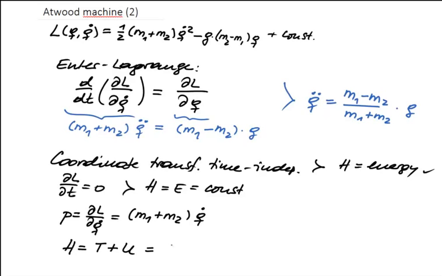We already know that the kinetic energy is 1/2 m1 plus m2 times q dot squared, and we already know that the potential energy is the expression given in the first line above, but again I would like to take the sign inside the bracket, so I'd like to write this as minus g times m1 minus m2 times q, plus an additive constant.